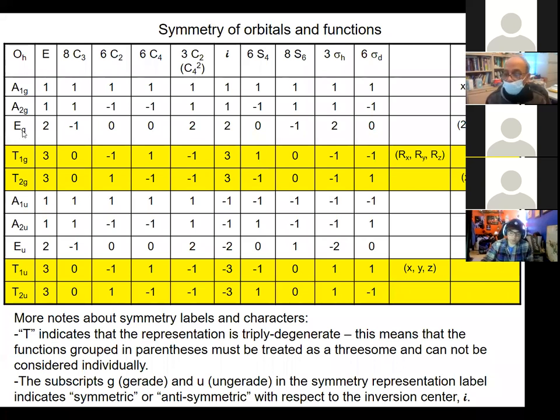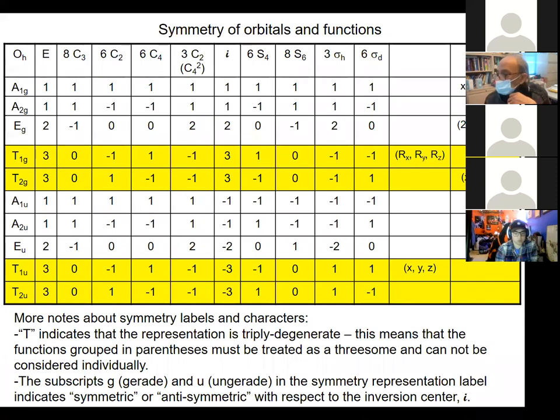E again represents doubly degenerate. A represents singly degenerate. The T here represents triply degenerate. Now if you look at the functions here, in T1G you have Rx, Ry, Rz, rotation along X, Y, and Z combined together. So you're not doing one after the other, but all of them at the same time.